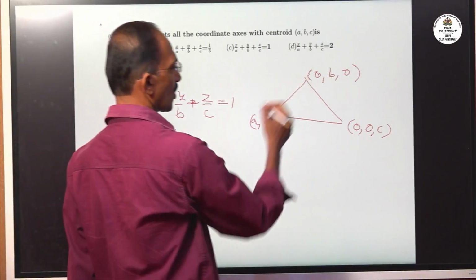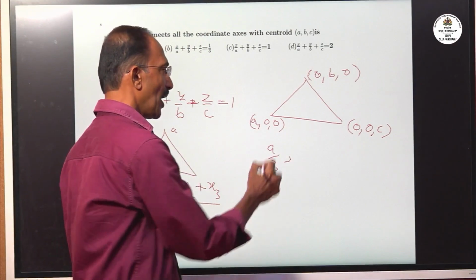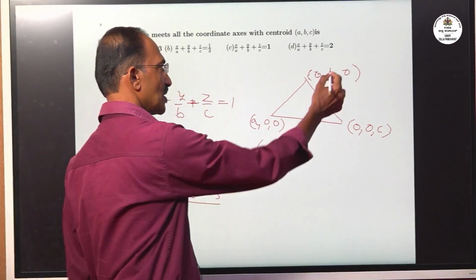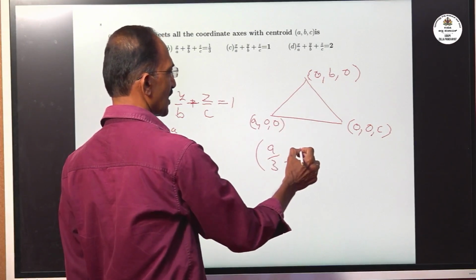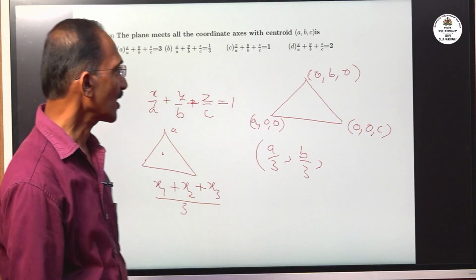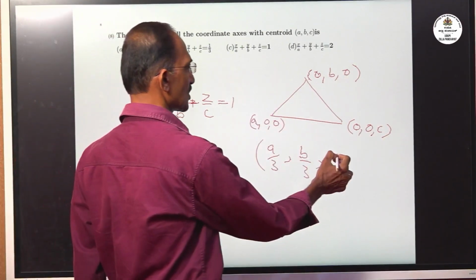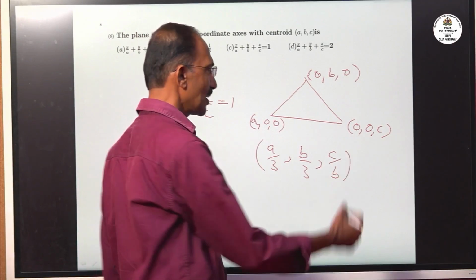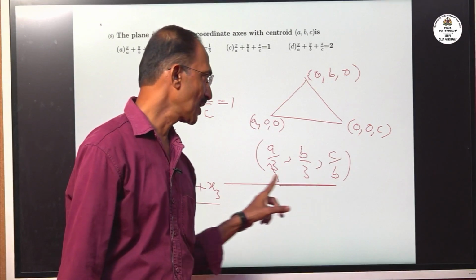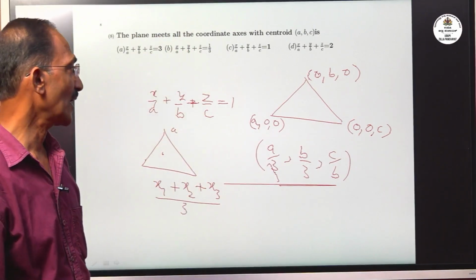The x coordinate is a by 3, the y coordinate is b by 3, and the z coordinate is c by 3. So clearly if the intercepts are a, b and c, then the centroid of the triangle is a by 3, b by 3 and c by 3.